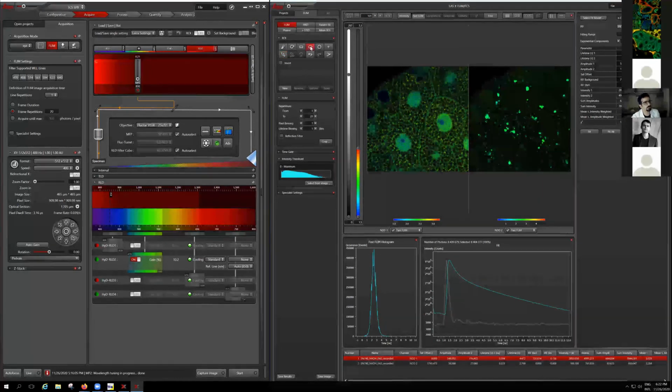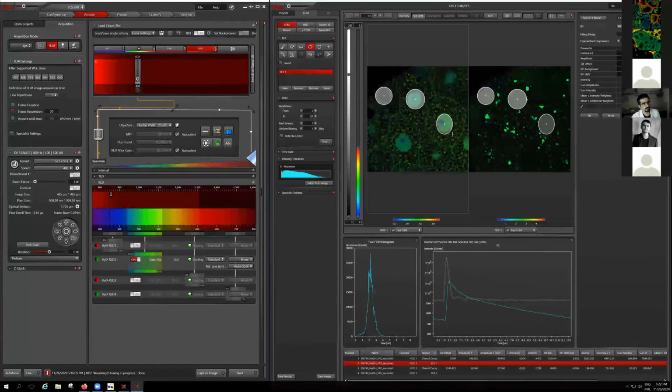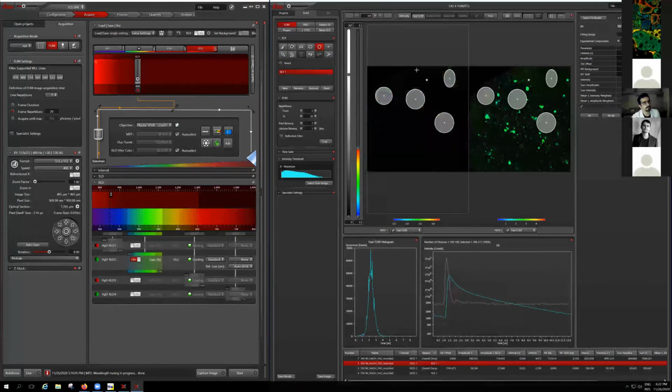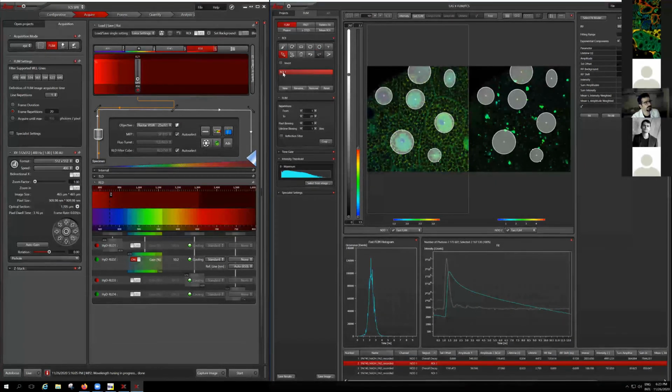What I do is simply use the region of interest. That's what the software is offering to us. And I'm doing that dirty and fast. So all of them are included in region of interest 1.